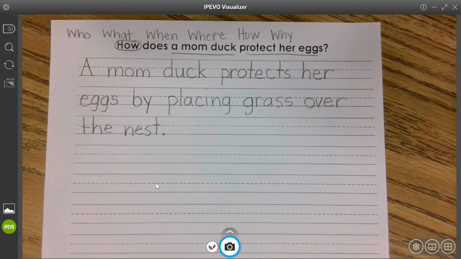Do we have an ending period? Do we have proper spacing? And did we use our best handwriting? If you feel like you can say yes to all of those things, then you have nothing left to fix and you are ready to show your work.